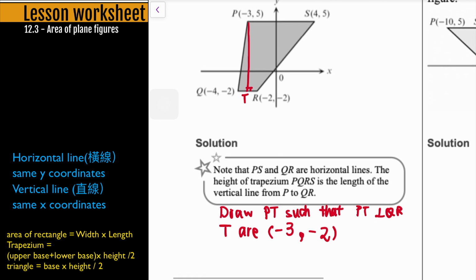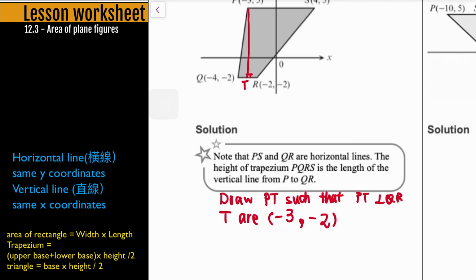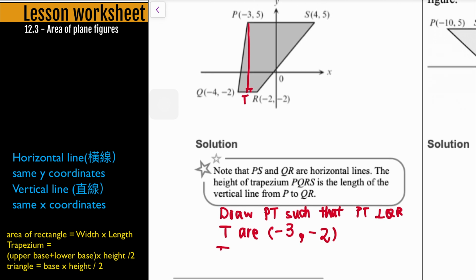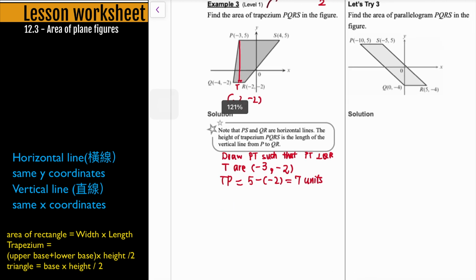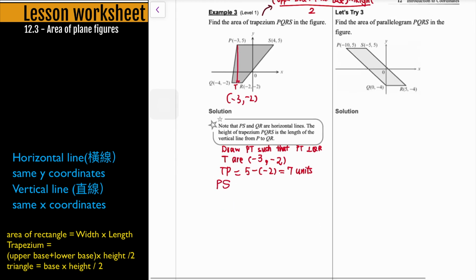Now we can find out TP. You see what the difference is: 5 minus -2, which is 7 units. So the height is 7 units. And then we need to find PS, which is 4 minus -3, 7 units.